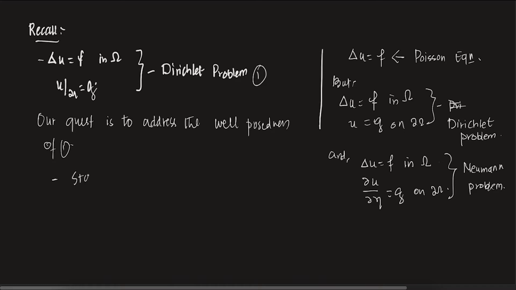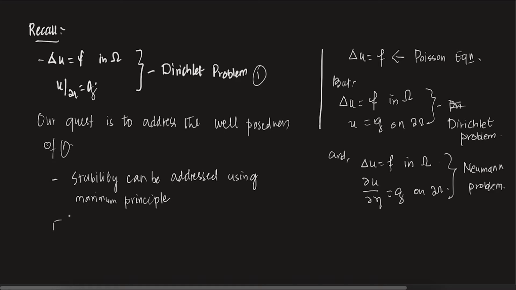This is the stability question, or how the solution changes under perturbation. Stability can be addressed using the maximum principle. But please remember, most of the maximum principles which we did are valid only for bounded domains.